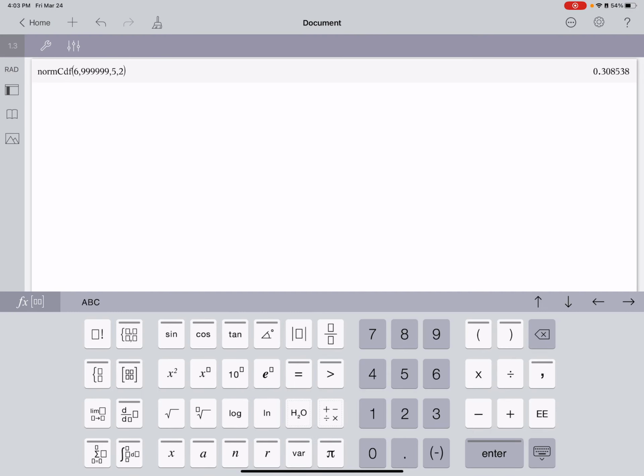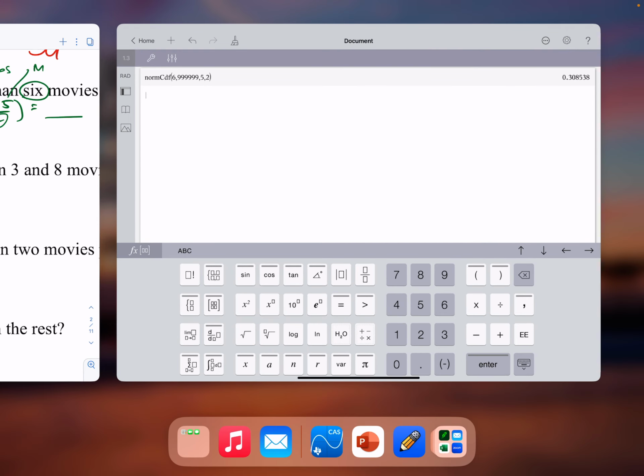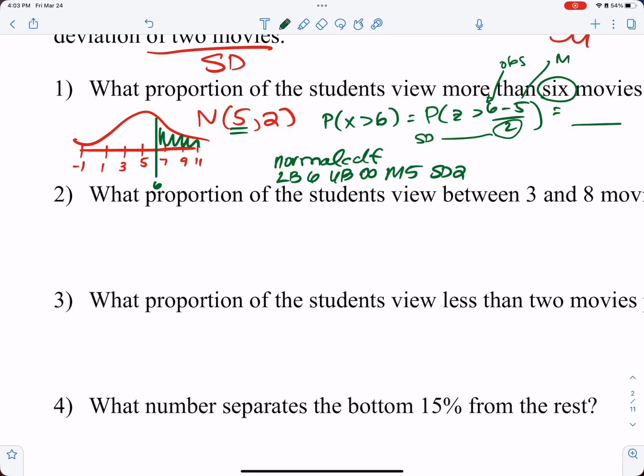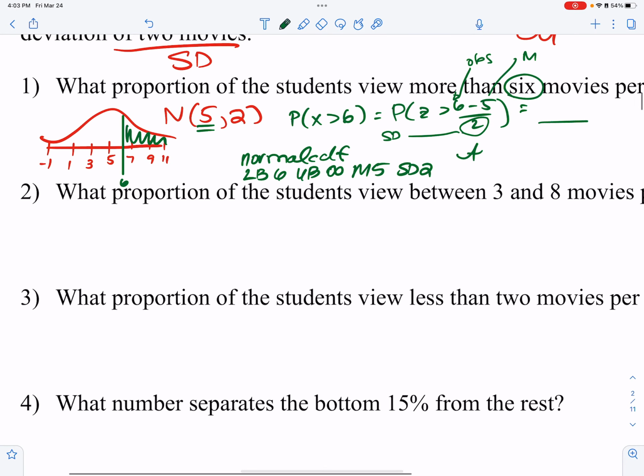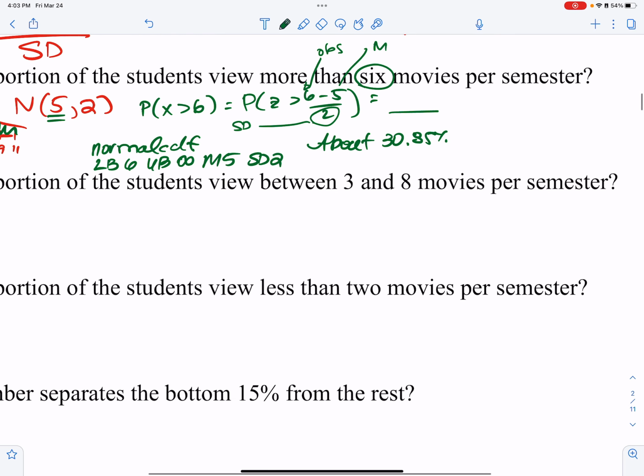It's about 0.3085. So about 30.85% of students view more than 6 movies per semester.